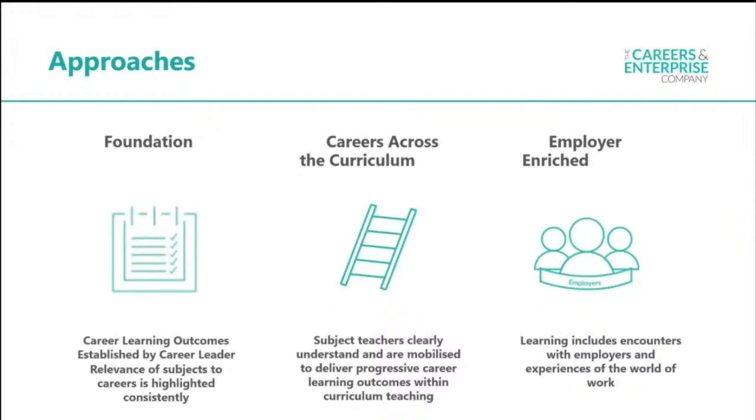The other two approaches, careers across the curriculum and employer-enriched careers across the curriculum, start to think about mobilising teaching staff and employers to truly embed careers across the curriculum by incorporating curriculum learning outcomes with career learning outcomes, with planned intent to explicitly support student outcomes and school and college priorities, while also engaging students in teaching and learning, thus positively impacting on attainment and progress.